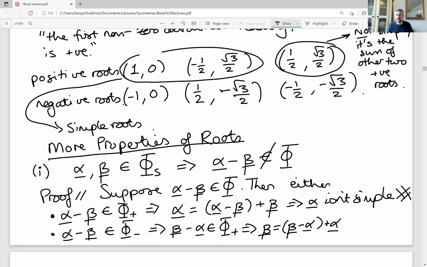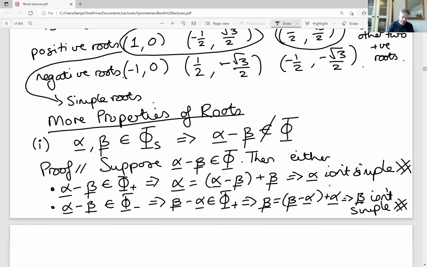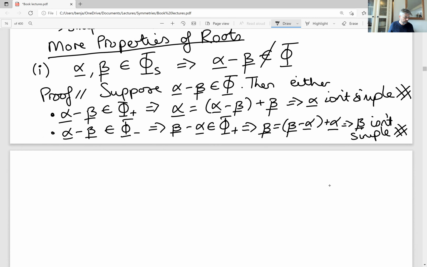So beta is the sum of 2 positive roots, therefore it can't be a simple root. Again, that's contradictory to our initial assertion that they're both simple roots.